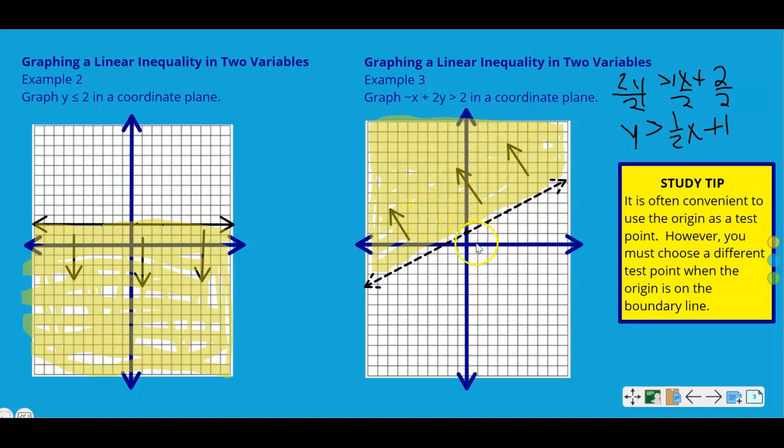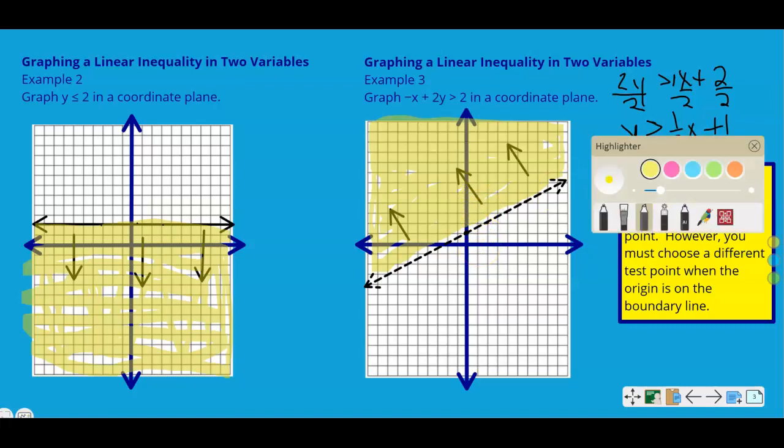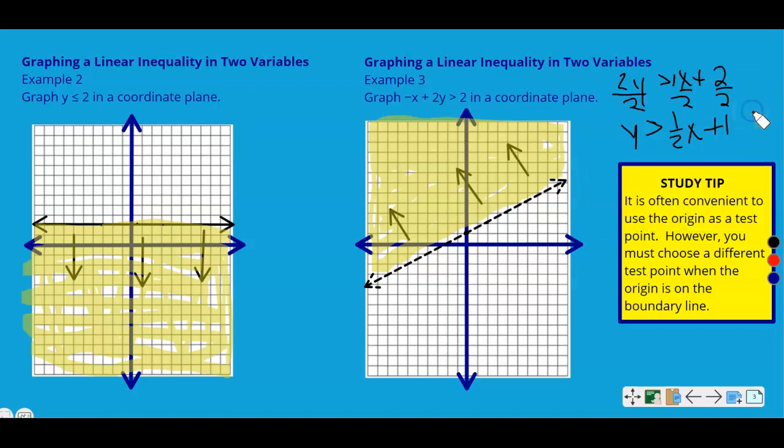So let's choose a point, let's say over 1, up 1, 2, 3, 4. So let's choose 1, 4 as a random point just to check our solution set. 1 is our x, 4 is our y, so we can just plug it in to check it.